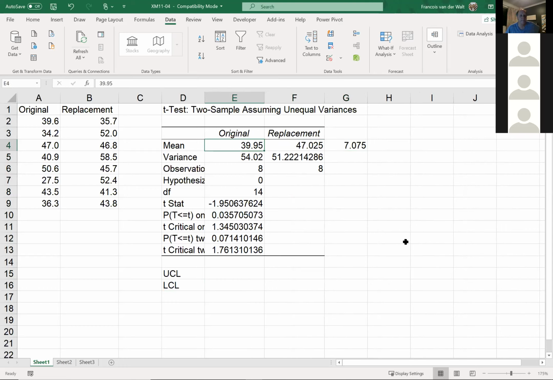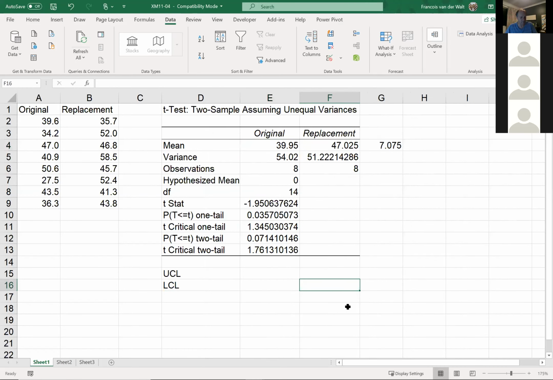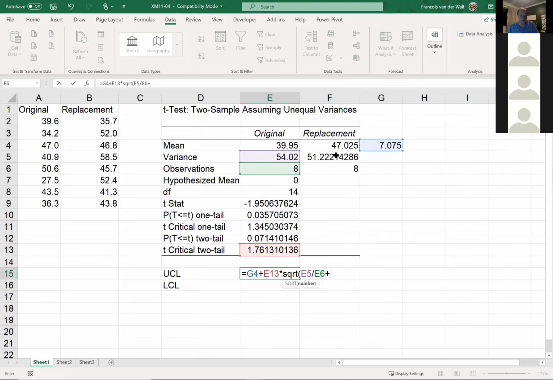The formula is the mean difference plus the t value times the square root of the variance of the original divided by its observations plus the variance of the replacement divided by its observations.